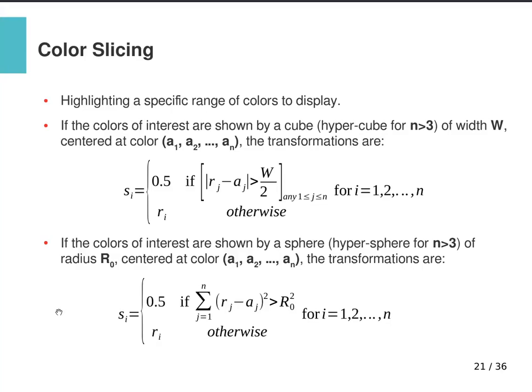Here what you have is basically a sphere in the color space with radius r0, and the center is at A1, A2 all the way to AN. And here whatever color that falls inside this sphere that is shown with this equation remains the same, while any color that is outside this range is replaced with a constant value.